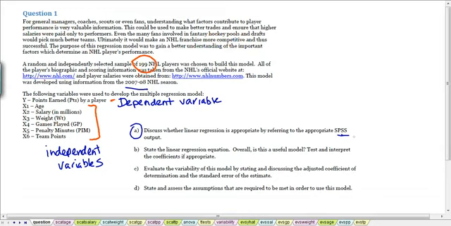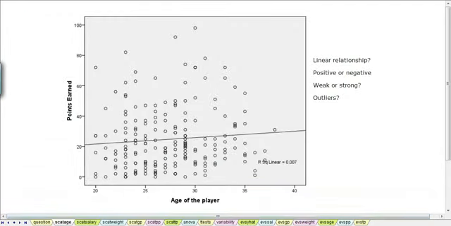Now, the output that we look at are scatter plots of each of the independent variables with the dependent variable. And we look at these scatter plots. So we'll look at this first one. The first one is for the age of the player, and we've plotted that with the points earned. So that's our Y variable, and that's X1.